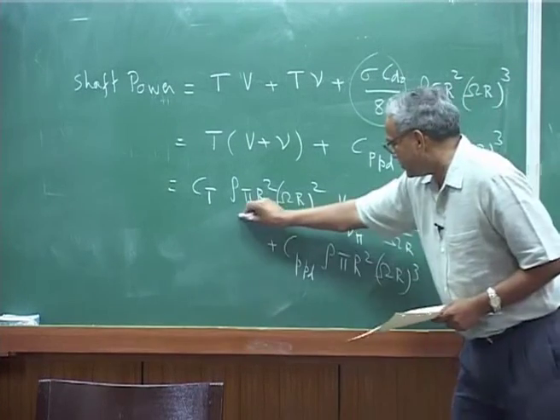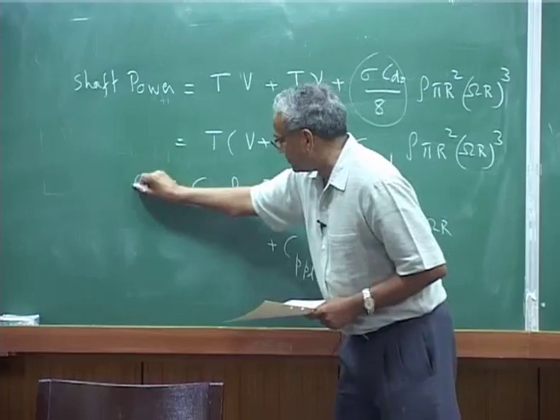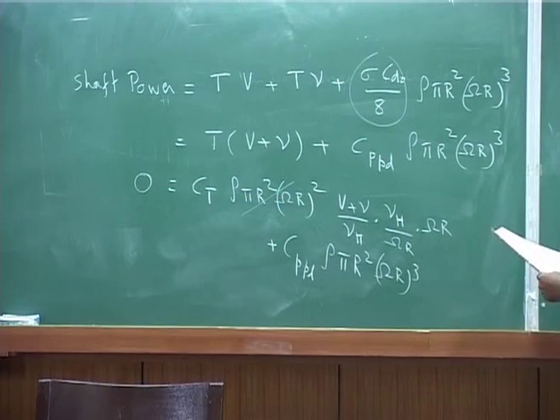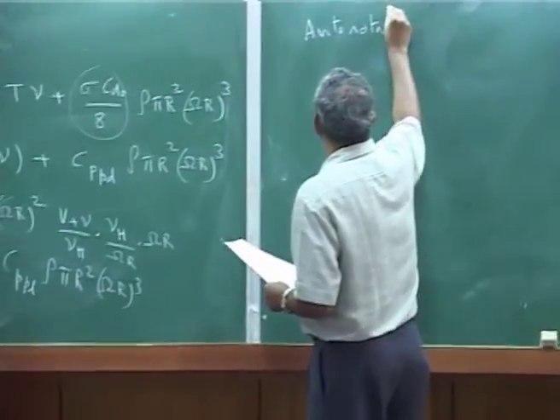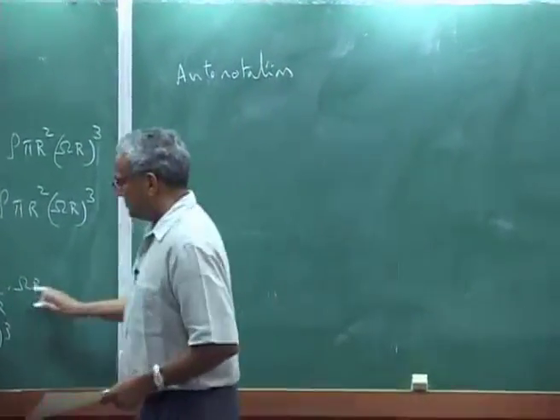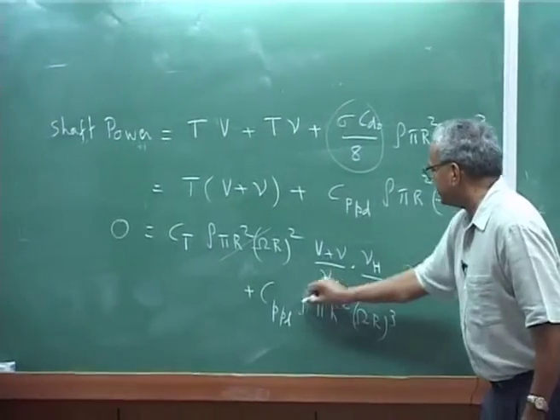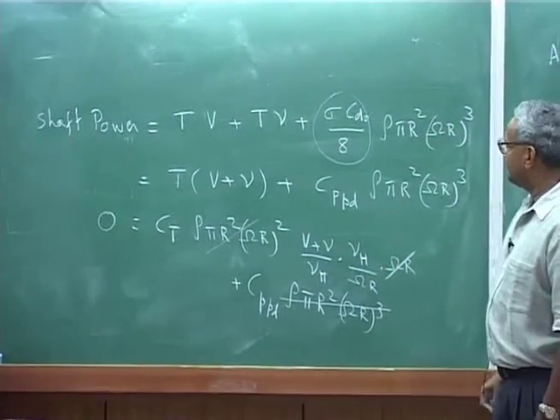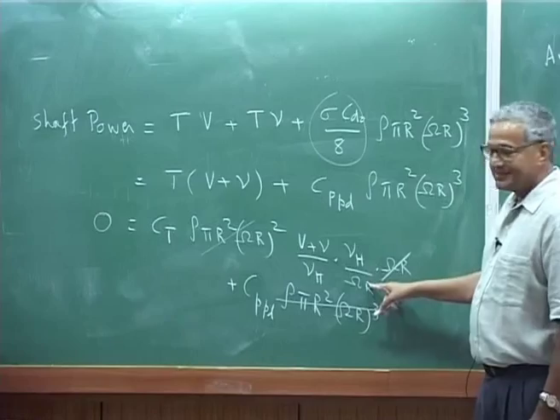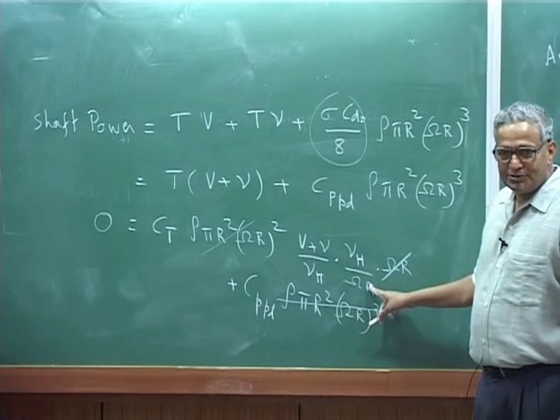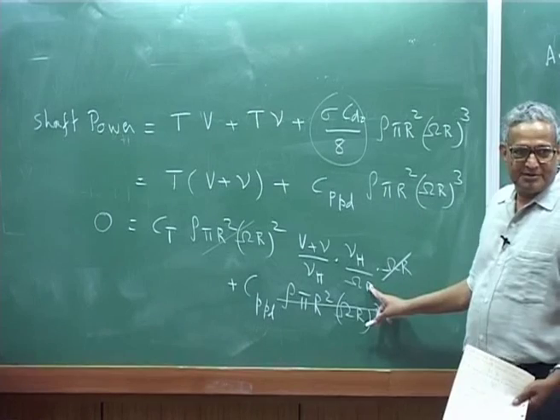You will find that rho pi r square, if I set this shaft power for auto rotation condition, power must be 0. So, this term will go off, this entire term will go off, and this is lambda induced, which is root of Ct by 2.